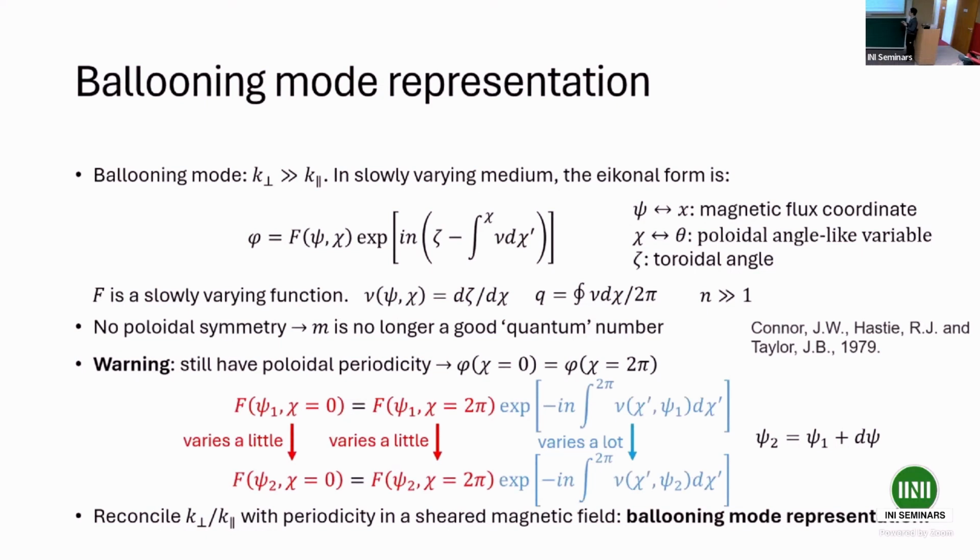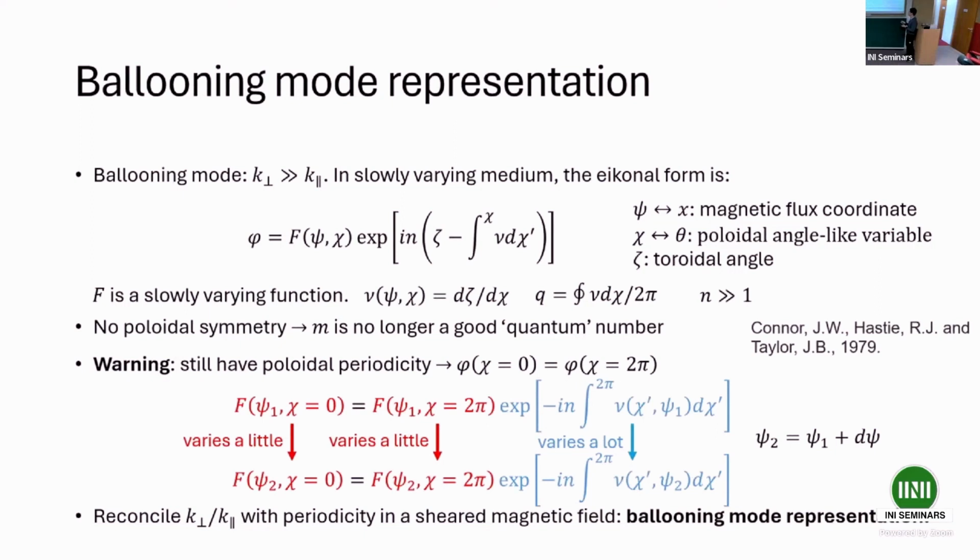toroidal periodicity requirement. For example, if here we assume f is a very slowly varying function. So if f at theta equals 0 is equal to f at theta equals 2 pi at one specific radial position, then it can be proved that this condition is no longer satisfied in another radial position unless you say f is not a slowly varying function.